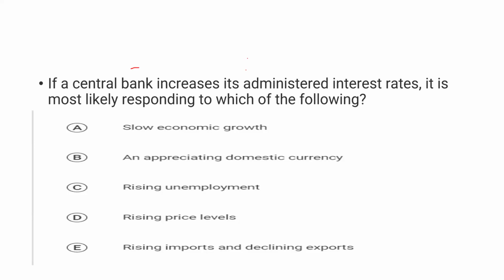I probably have an inflationary gap. So I either want to lower the GDP or lower the price level. So it's D, rising price level. I'm responding to rising price levels. It's an inflationary gap. So therefore, I'm raising the interest rate, business investment down, AD to the left.